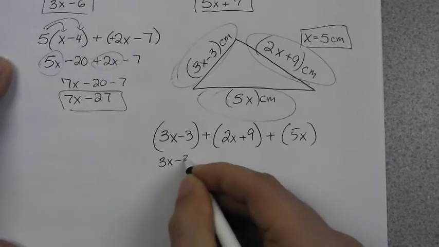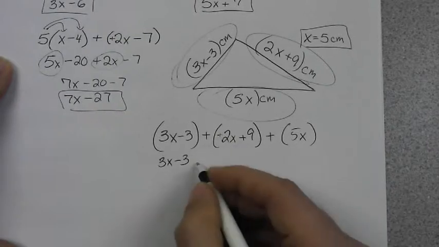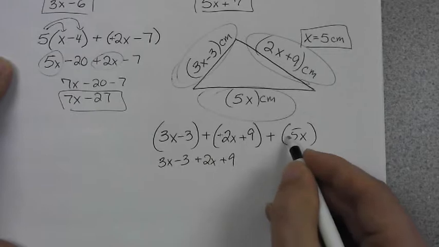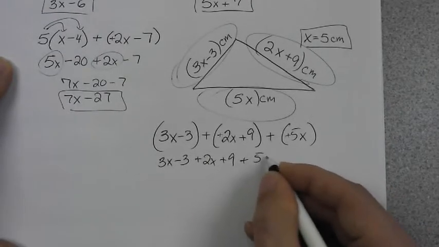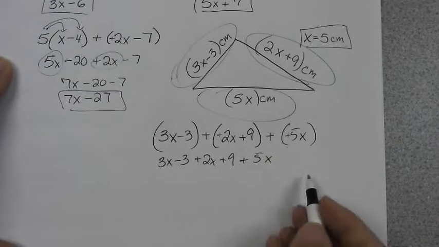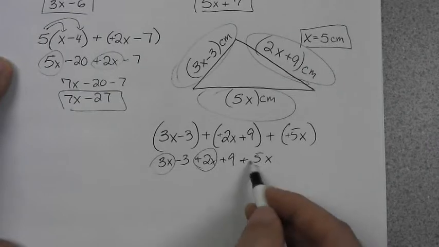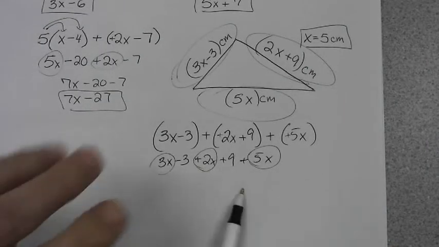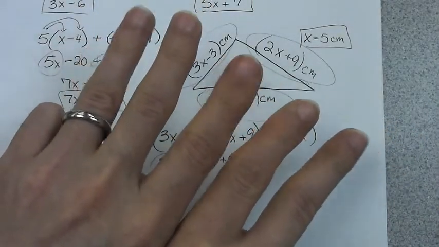I've got 3x minus 3 here. This 2x, there's nothing in front of it, so I assume it's positive. So I got plus 2x plus 9. Right here, nothing in front of it, so I assume it's positive. So I have plus 5x. And now let's just combine our like terms. I've got 3x's here, 2x's here and 5x's here. Well, 3x's plus 2x's, that's going to be 5x's altogether.